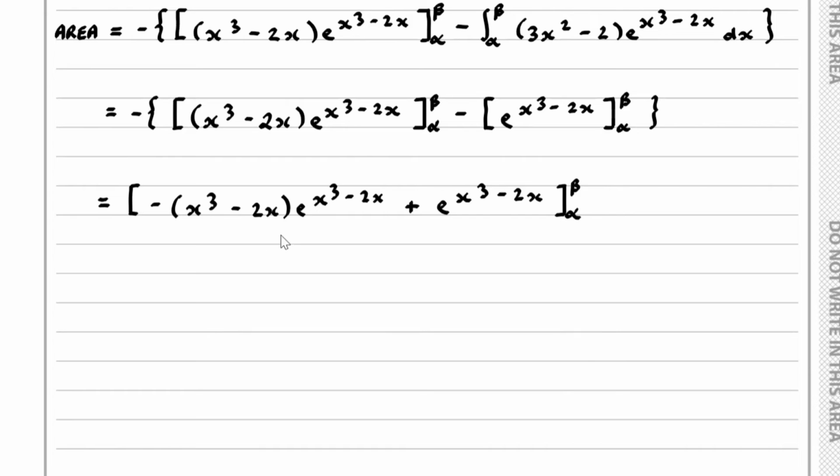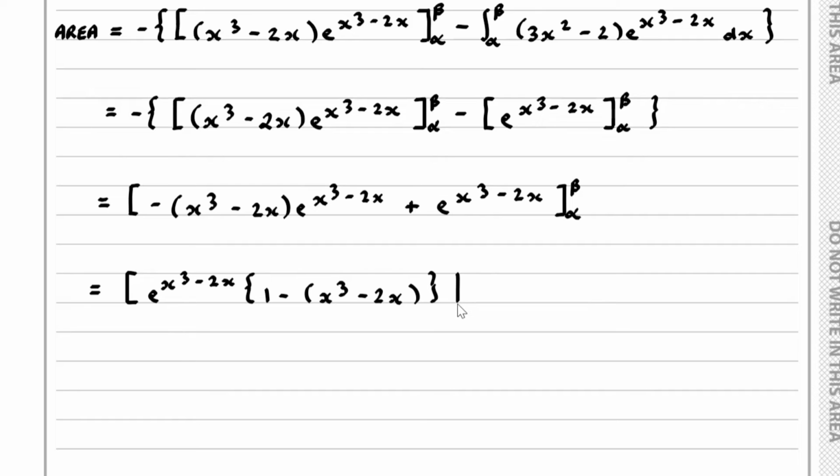And now we can factorize out an e to the x cubed minus 2x. So I'm evaluating e to the x cubed minus 2x, and then what would go inside this bracket is 1 minus, and then in brackets, x cubed minus 2x.